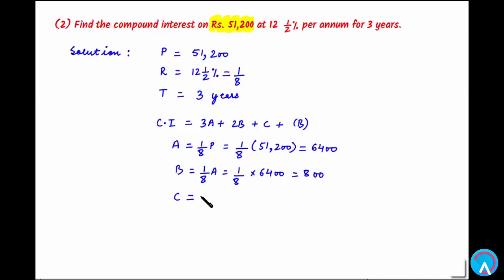C will be equal to 1/8 of b, that will be equal to 1/8 of 800, so that is equal to 100.